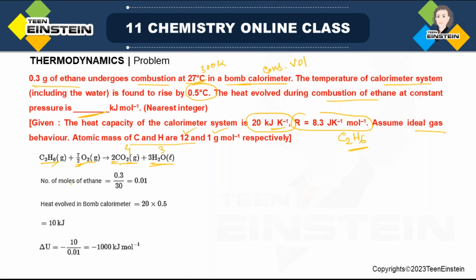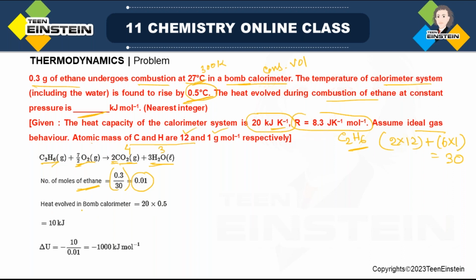For 1 mole of ethane, if we want to know the molar mass, C2H6, it is basically 2 into 12 and 6 into 1, which is nothing but 30. So this is the molar mass. So when the given mass is divided by the molar mass, you get the total number of moles of ethane, which is 0.01. And here 0.5 degrees centigrade is the increase in temperature.